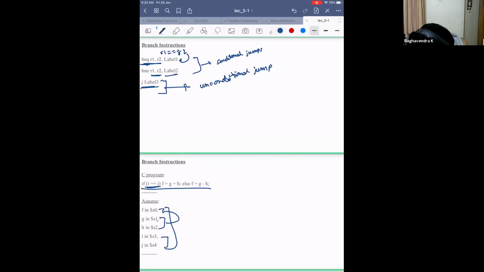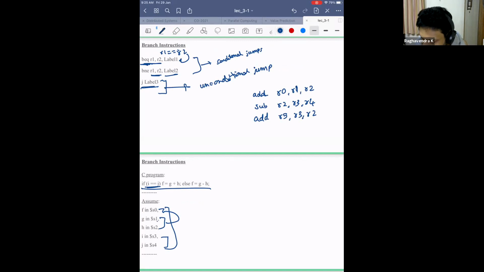So let's say I have a series of instructions. Let's say I have add R0 comma R1 comma R2. I have another instruction, subtract R2 comma R3 comma R4, and then one more instruction which says add R5 comma R3 comma R2, and I have some series of instructions.